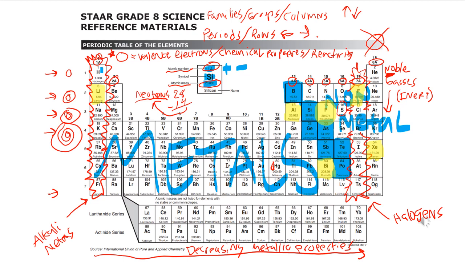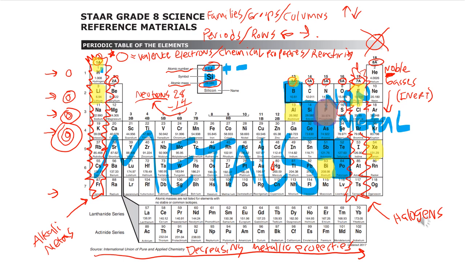So let me ask you: phosphorus right there, which behaves chemically like phosphorus? What you want to do is figure out which one has the same valence electrons as phosphorus. That would answer how they behave chemically. Lithium has 1 valence electron. That's wrong.